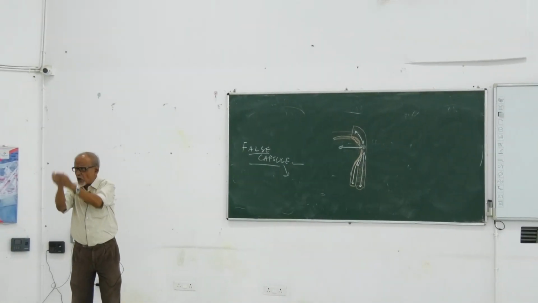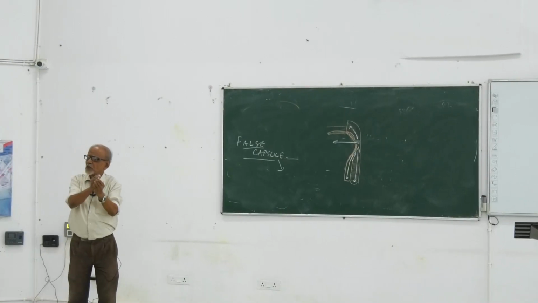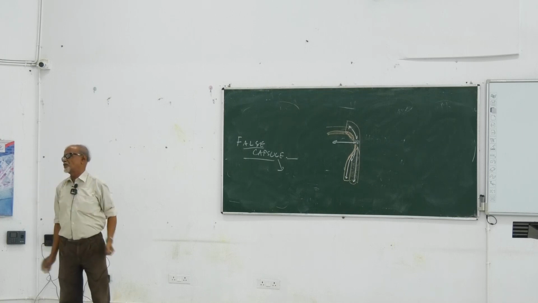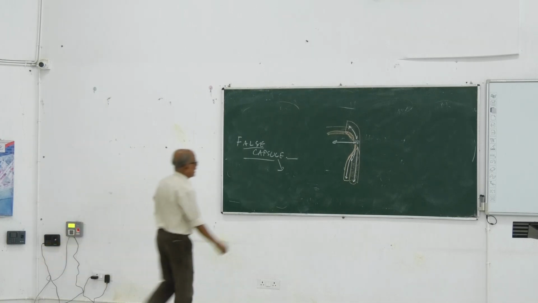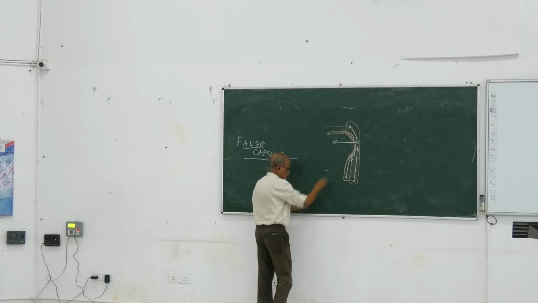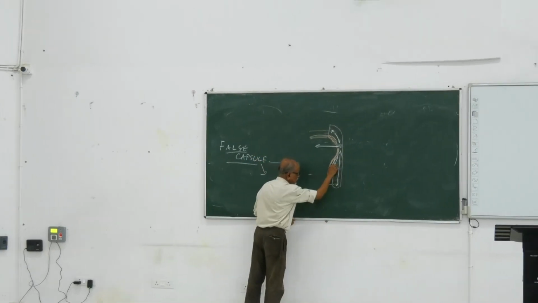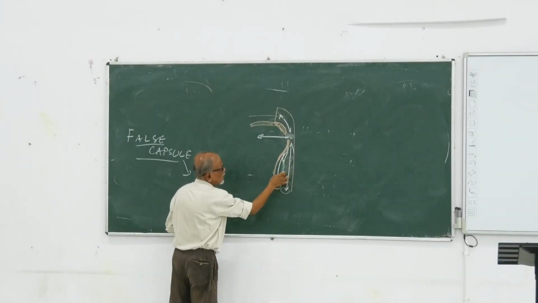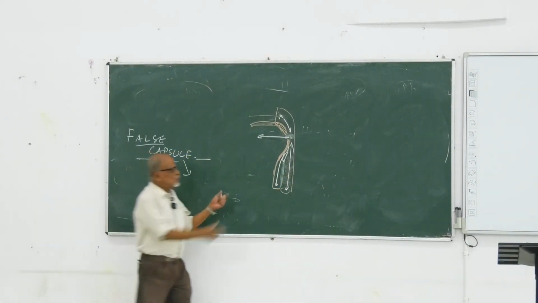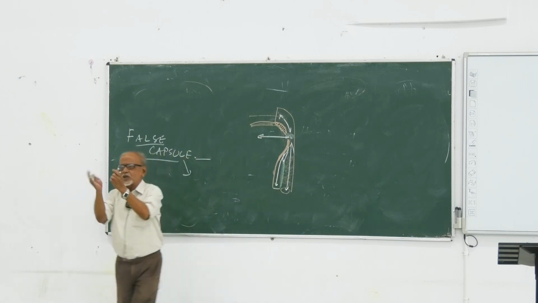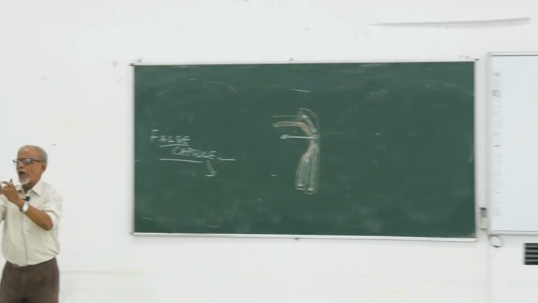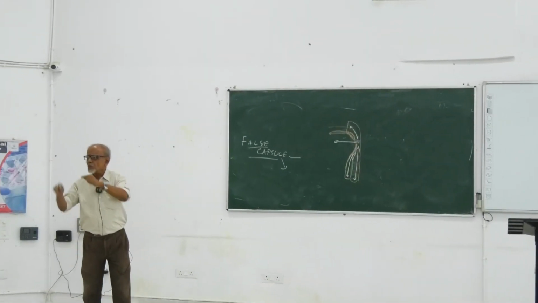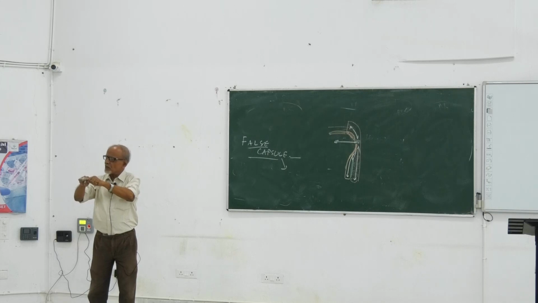The anterior wall of the laryngopharynx is shared by the larynx, and that forms really the posterior wall of the larynx. This is the larynx, this is the posterior wall of the larynx, and this is nothing but the anterior wall of the laryngopharynx. So there are two tubes, one in front for air, one behind for the passage of food.